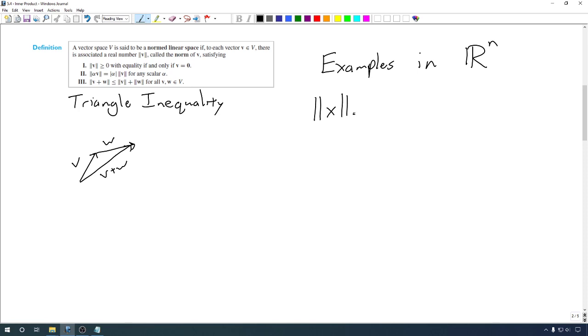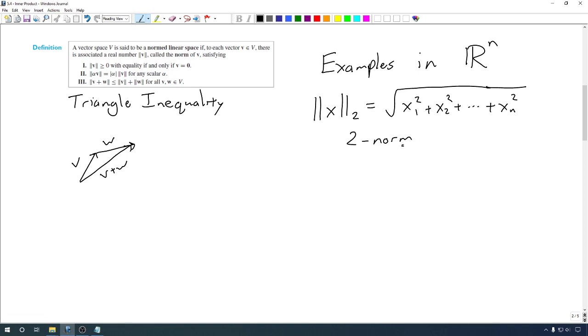First example, so here x is just going to be the vector x1 through xn, and I'm going to put a 2 here. This is going to be the norm where we take x1 squared plus x2 squared all the way through xn squared. And then we take the square root of that sum. This is frequently what we'll call the 2 norm.